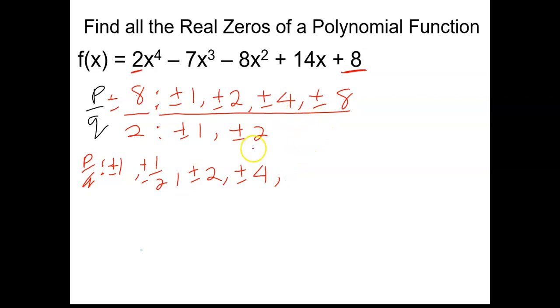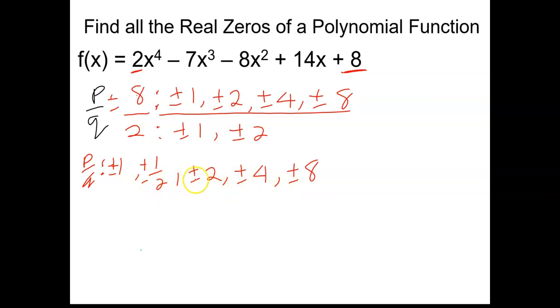And then 4 over 2 is 2, so we already have it. 8 over 1, which is positive or negative 8. And then 8 over 2, which is 4. Okay, so these will be the possible rational zeros. Of course, there may be irrational ones, but this can only give us rational ones to start with.